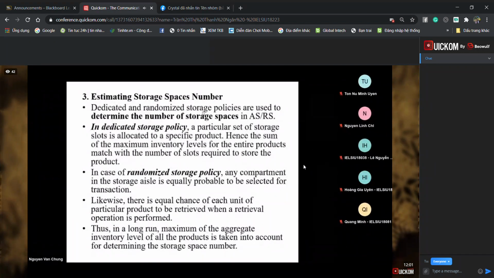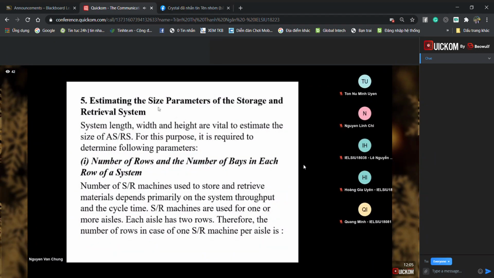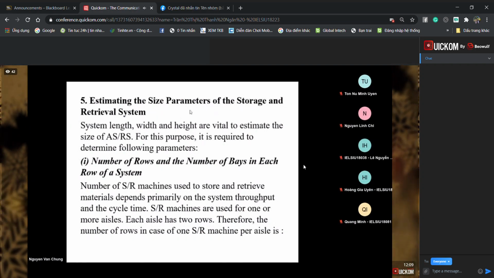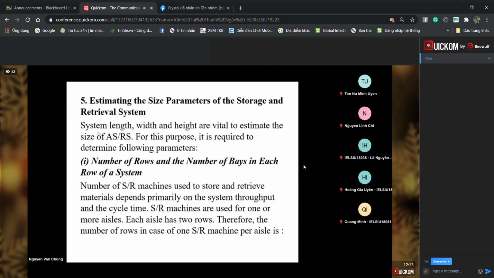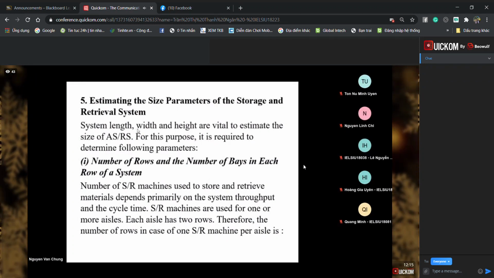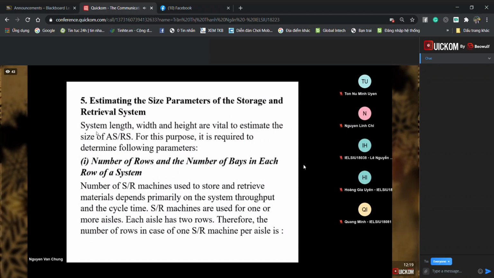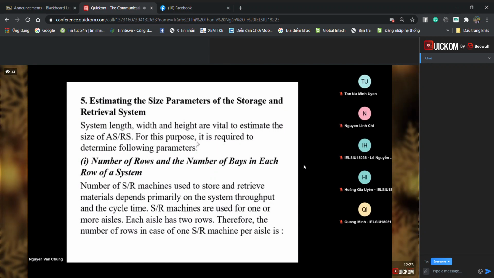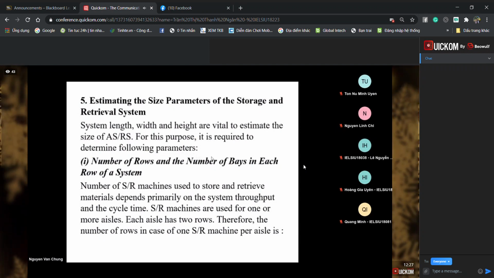Now the size parameters of the storage and retrieval system: system length, width and height are required to estimate the size of the ASRS. For this purpose, it is required to determine the following parameters.